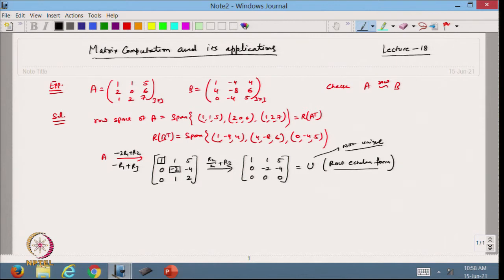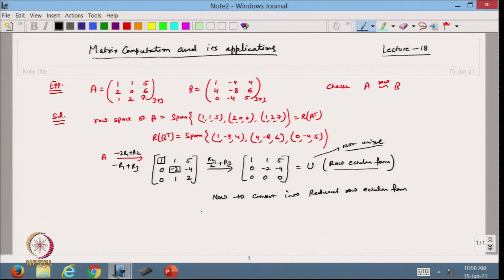But now suppose I want to convert it into the reduced row echelon form.